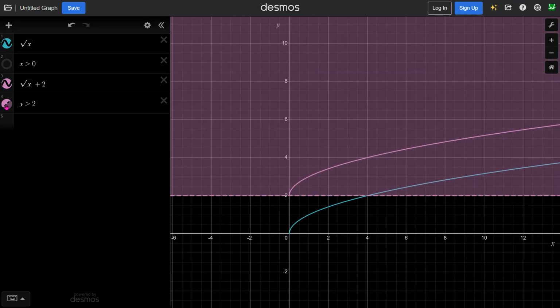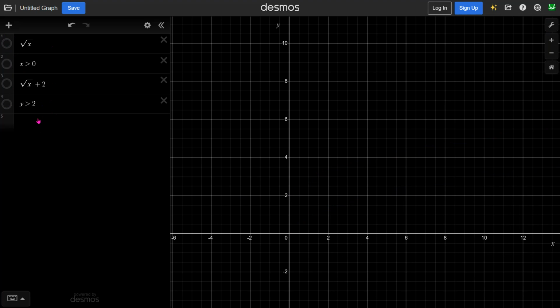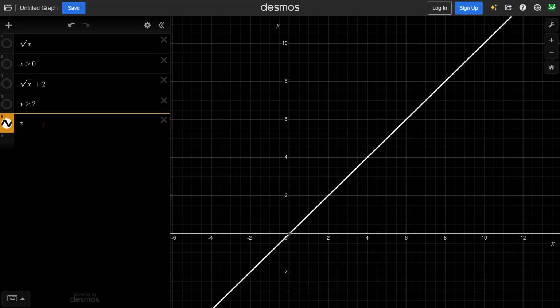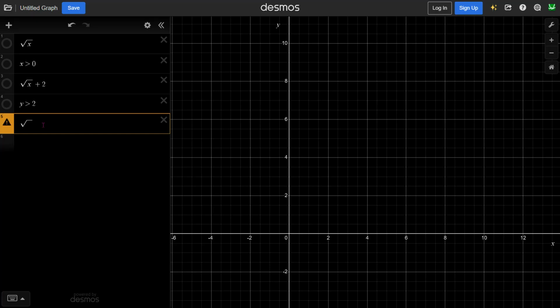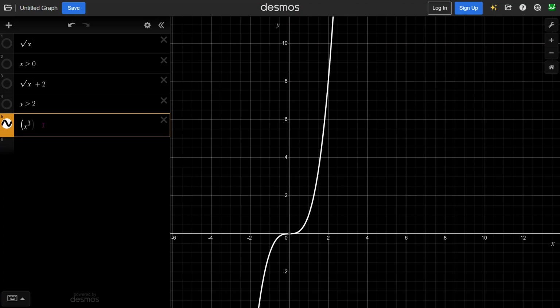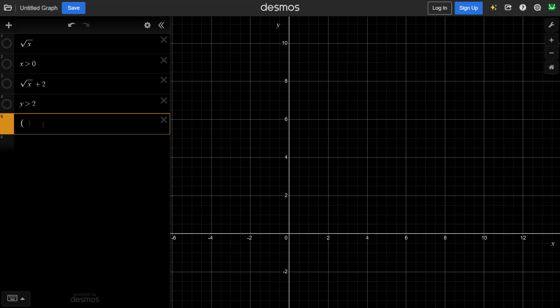So let's hide these ones and let's go with a square root. You know what? Let's go with a larger square root. Let's say that we have even the function, the square root.